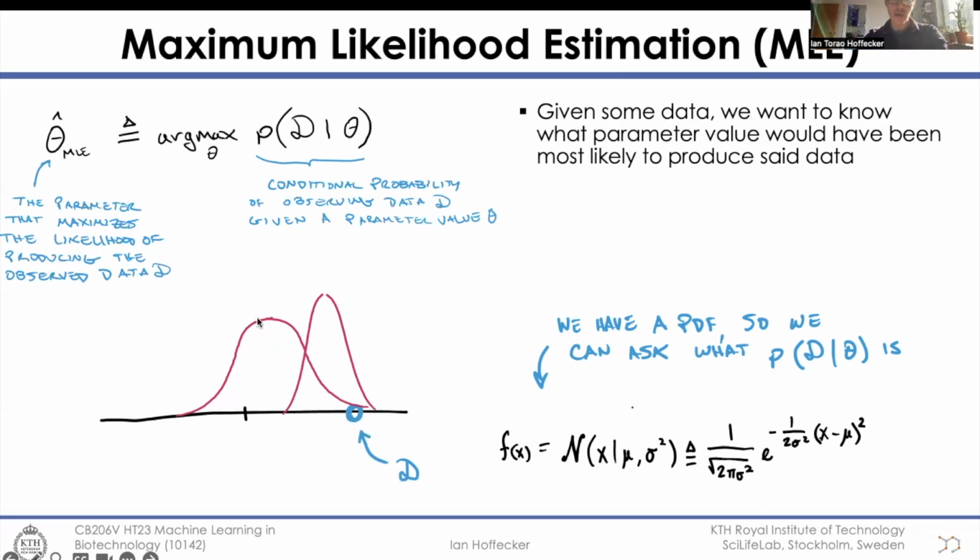In the distribution on the left, the probability associated with our point D here is quite low. And the probability, the height of the curve, in the second one is higher. So we might say that the likelihood is higher for the curve on the right here. And then once again, we can keep changing this.